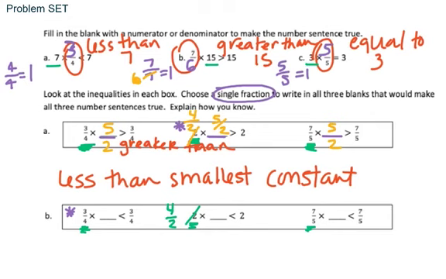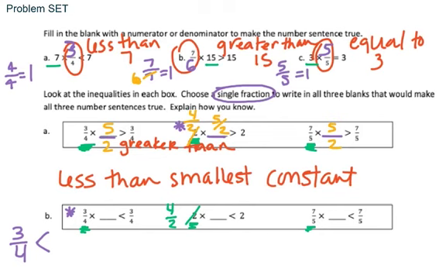Okay, you're back. Again, very confident or needing some help. So here's what we're going to do. The smallest fraction here is 3/4. And if I want to have my product be less than the smallest constant, I have to multiply by something that is less than 3/4. So what might be less than 3/4?